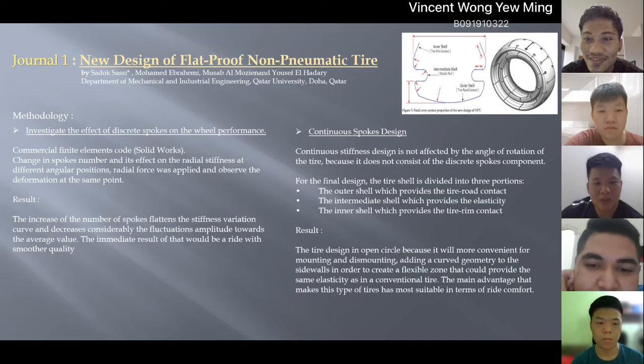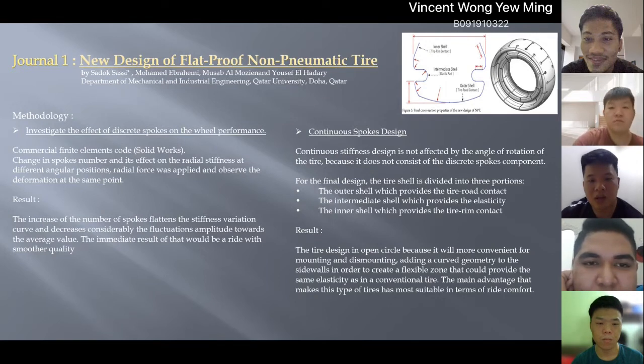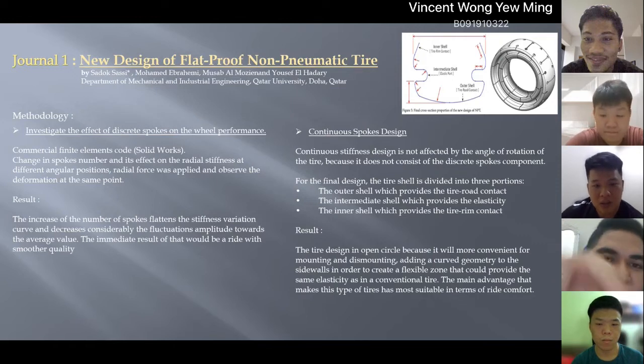For the first methodology, we investigate the effect of spokes on the wheel performance. To investigate the characteristic of the spokes, it needs to use commercial finite elements software, which is SolidWorks.